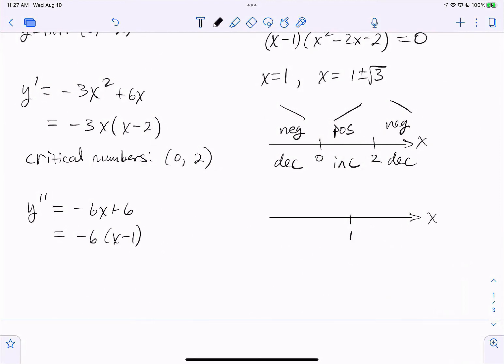If I pick a number to the left of 1, I can see that I'm going to have a positive value for y double prime, which means we're concave up. That looks like that. And if I use a number to the right of 1, I'm going to have a negative value for y double prime. Oh, I should label these y double prime and y prime. That means we're concave down on the interval from 1 to infinity.